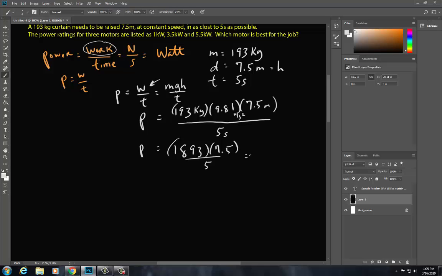So if you multiply the top and divide by 5, you're going to get 2839.99, and that would be watts.